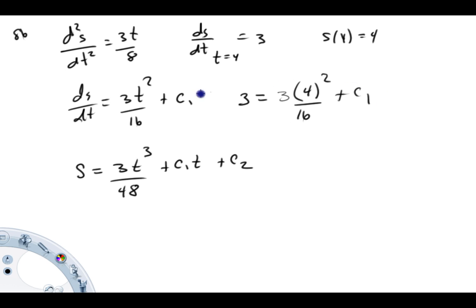So this line is coming from taking this equation and putting 3 in for ds dt and 4 in for t. Now, 4 squared over 16 is 1, so this is going to read 3 equals 3 plus C1. If you solve this, you get C1 equals 0.